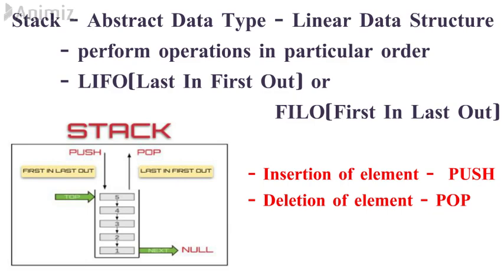Other than this, you have two pointers. One is the top pointer and the other one is the null pointer. Now when you see the diagram of the stack, you will know that the elements are inserted in the order 1, 2, 3, 4, 5 and 5 will be the first to move out. That is last in, first out.